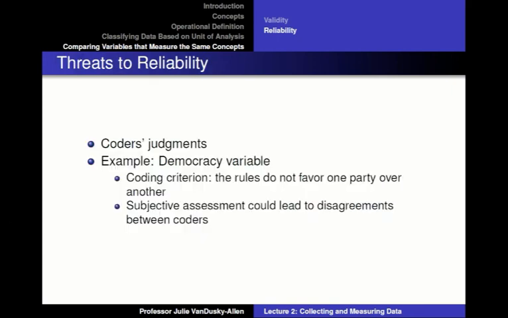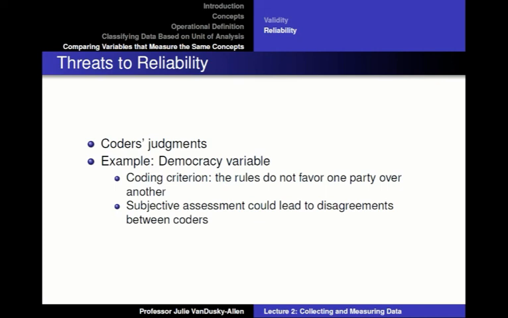One threat to reliability is when you have multiple coders coding a variable and they sometimes have to make judgment calls about how to code a particular observation. So, for example, one of the coding criteria for the democracy variable was whether a country's electoral rules do not favor one party over the other. This is not an objective criterion, it's subjective.